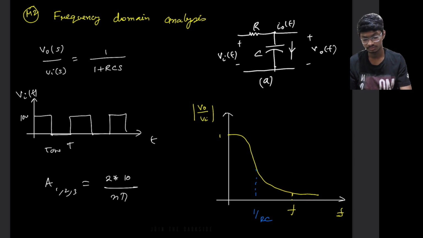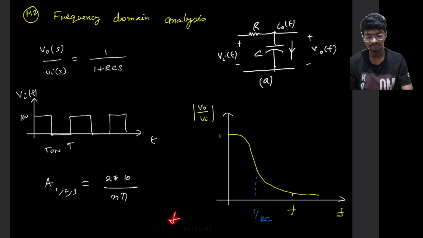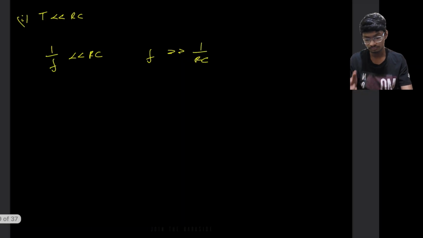Basically only the DC signal will pass through this circuit, because the DC signal has a frequency of 0, so it will get passed with no attenuation, with unity gain, and other frequencies will not get passed. But the other harmonic frequencies will get passed with a very high attenuation. So it will have some DC component, with a bit of ripple around it.